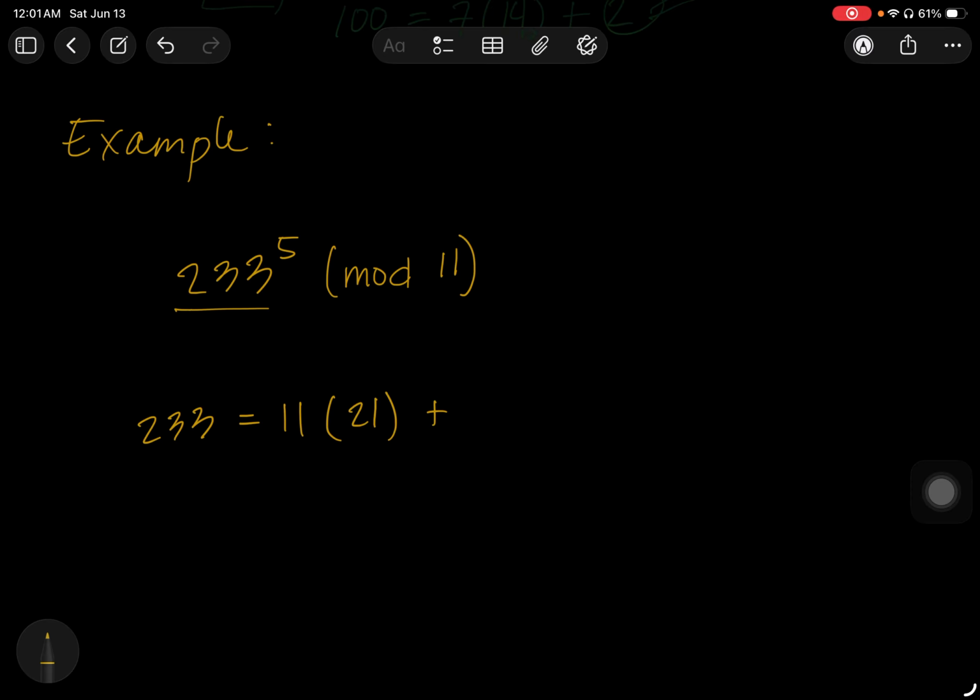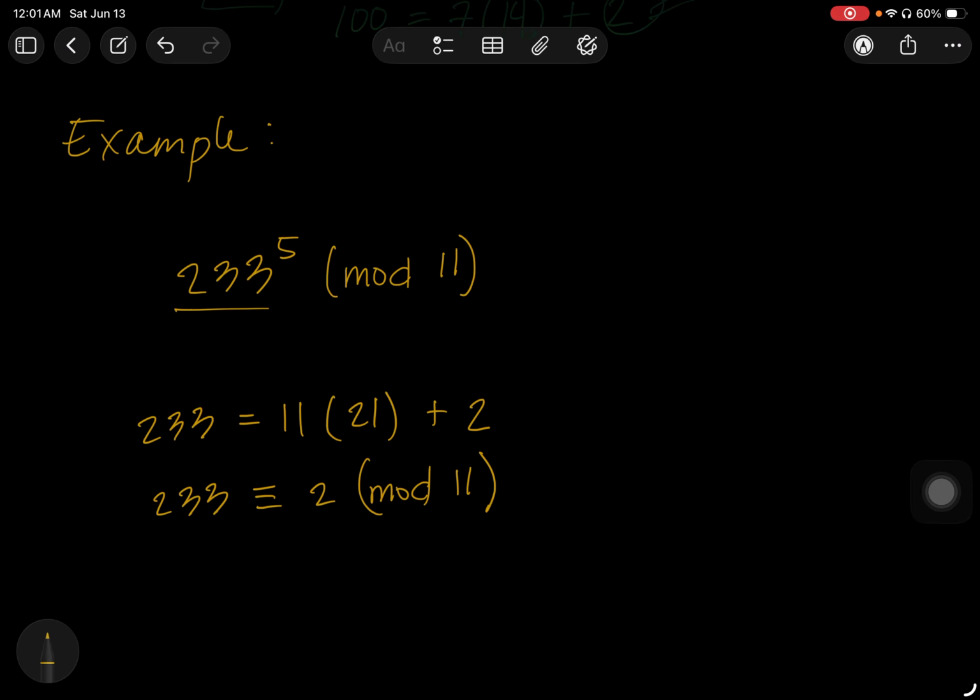If you perform that, 11 times 21 gives you 231, and then you have a remainder of 2. So using the base, we can rewrite the equation as 233 is congruent to 2 mod 11.